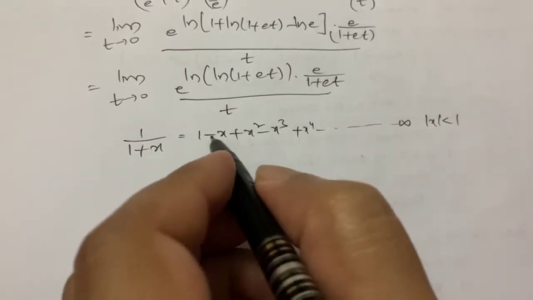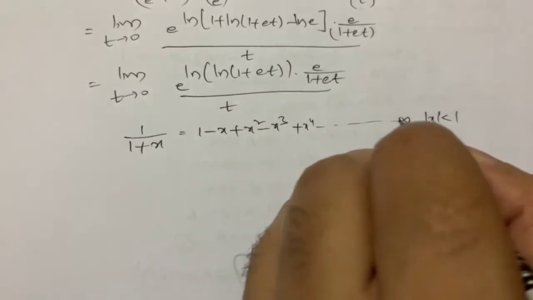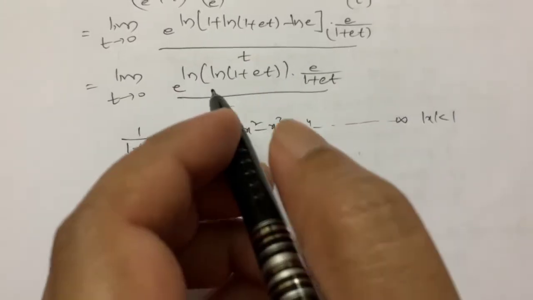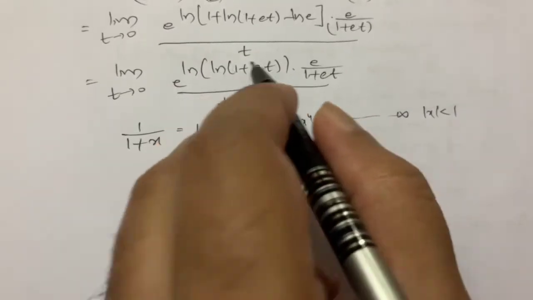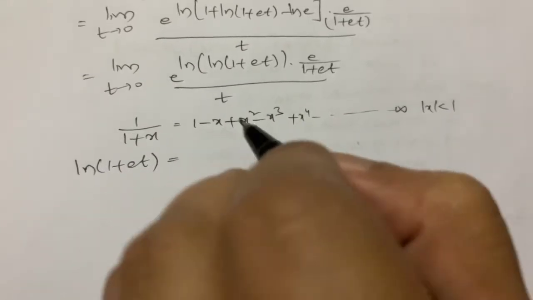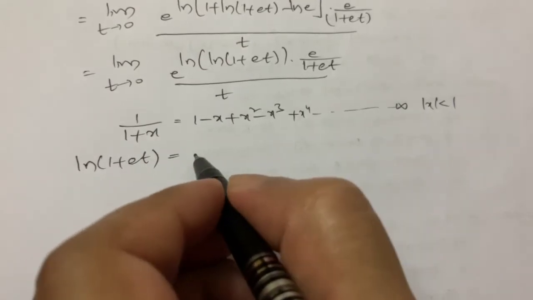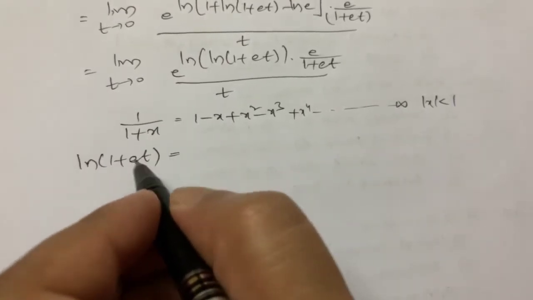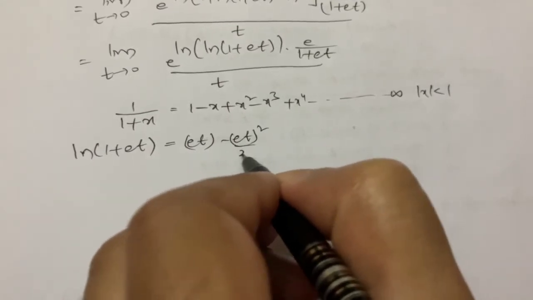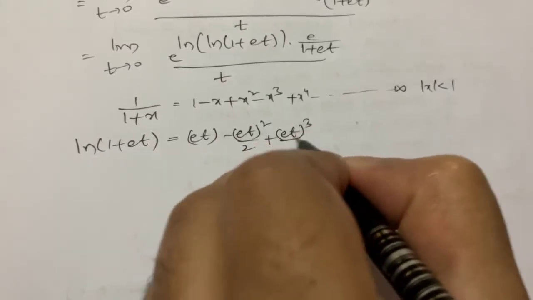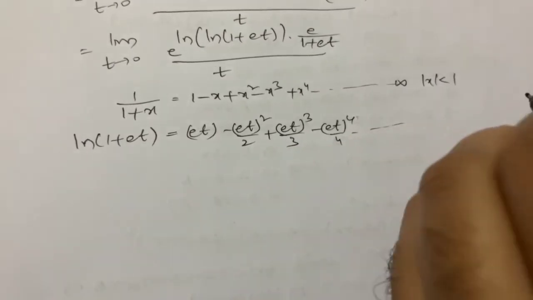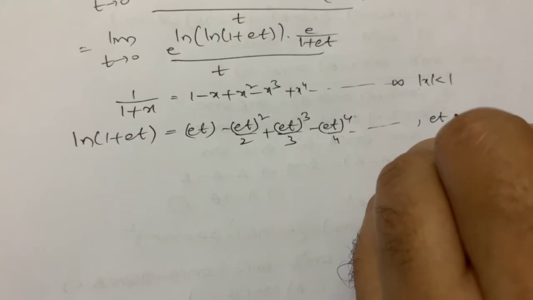Also, as et is small, ln(1 + et) can be expanded: et − (et)²/2 + (et)³/3 − (et)⁴/4, and so on to infinity.